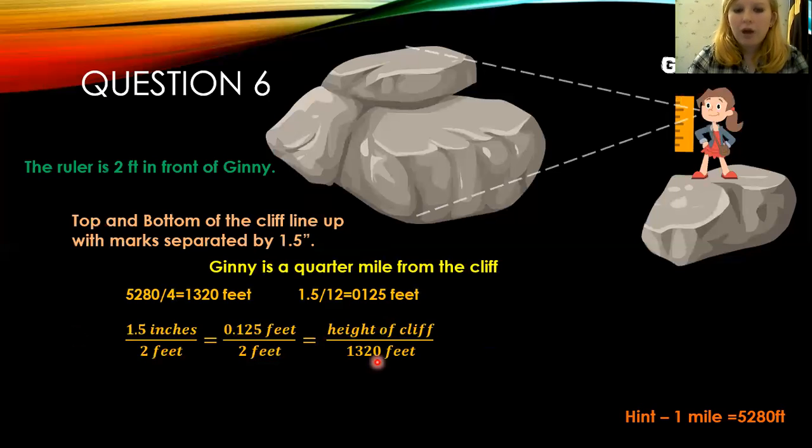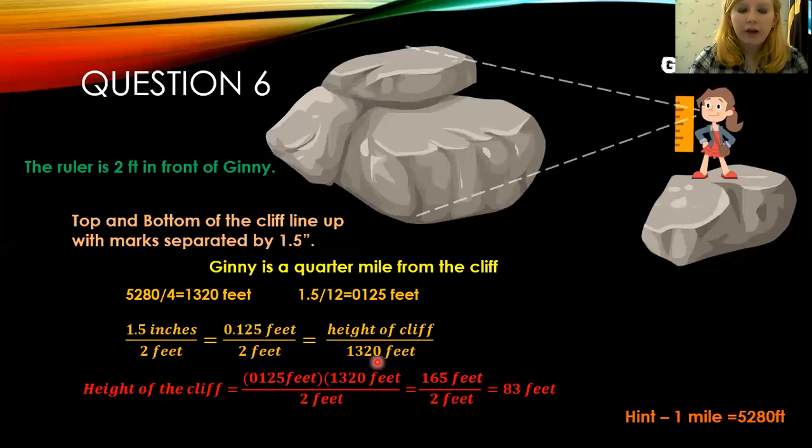So when you multiply 1,320 feet to both sides, you are left with the height of the cliff on one side, which equals 1.25 feet times 1,320 feet over 2. When you multiply the top two numbers together, you get 165 feet over 2.